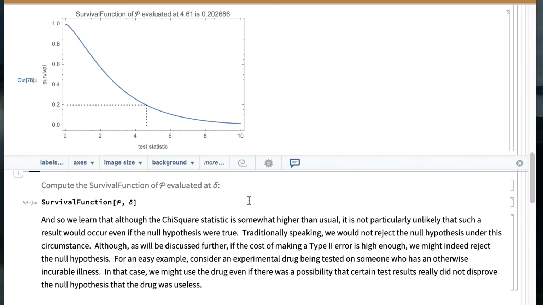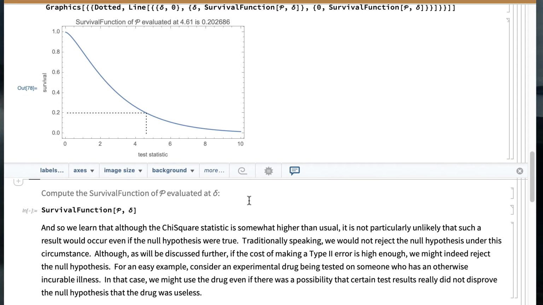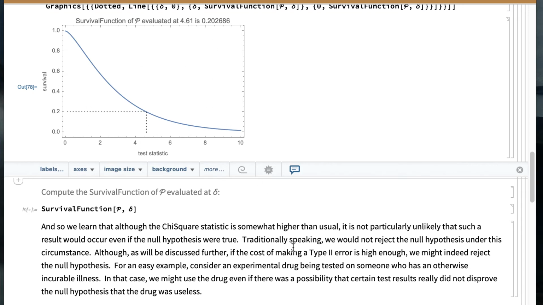And usually we don't think that that's enough to reject the null hypothesis. We can talk about whether that use of a 95% confidence really makes much sense and the circumstances under which it might not, but traditionally speaking, you're going to want to see something less than 0.20, conversely greater than 0.80 for the survival function. Okay?